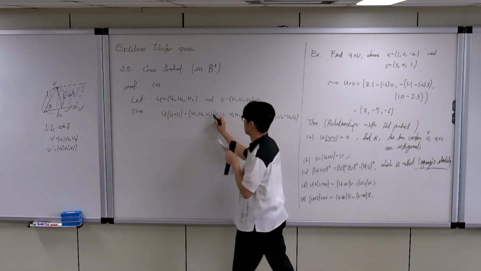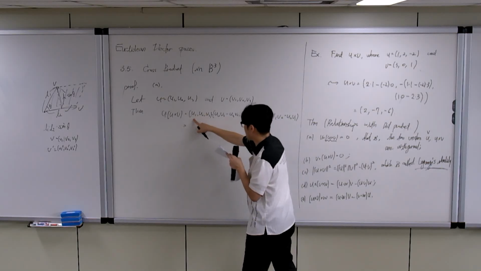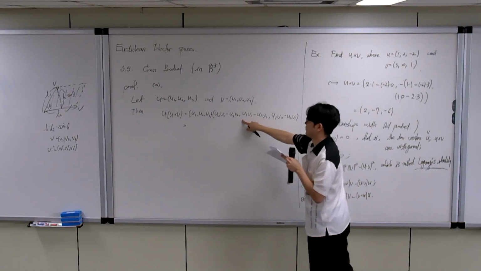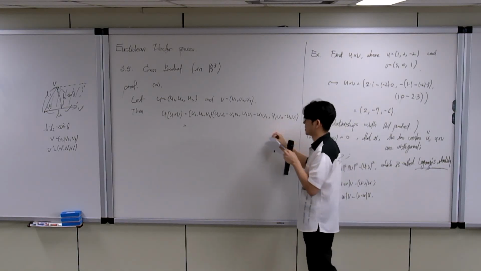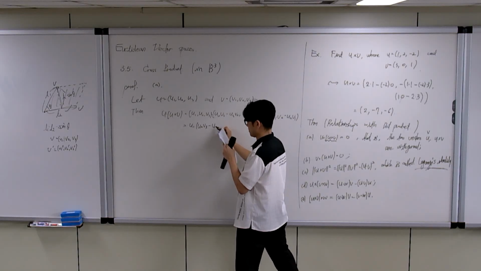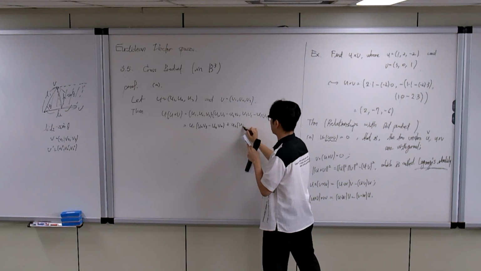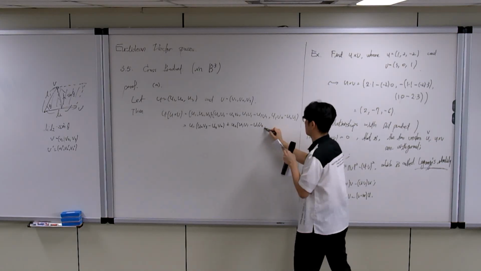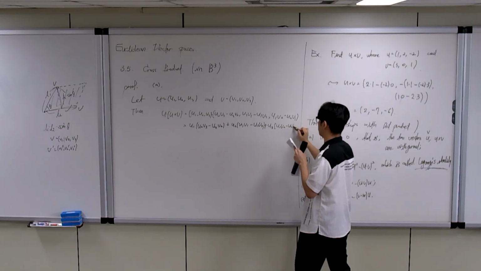It's a little long, and if you calculate this, multiplying the first component U1, the second component U2, and the third component U3 by each, you get terms like U2 U3 V1 minus U1 U2 V3, and U3 U1 V2, U2 V1.